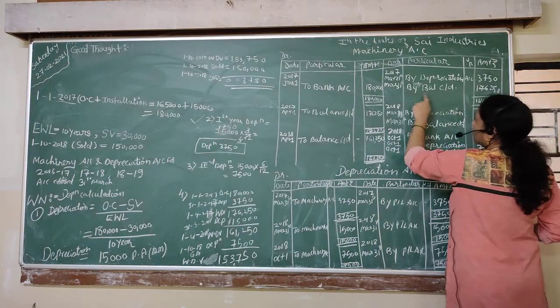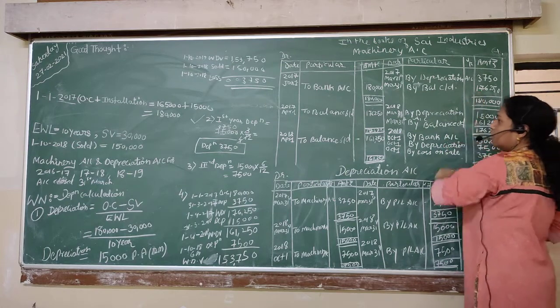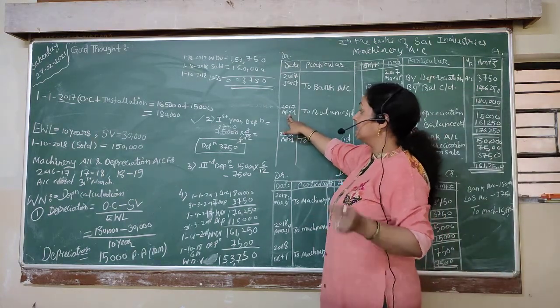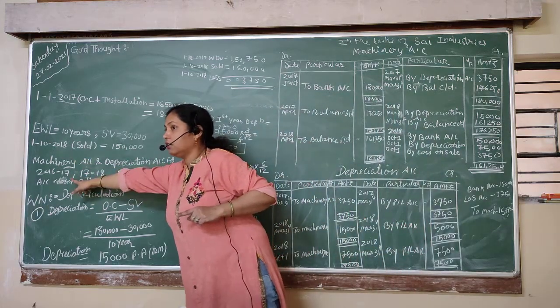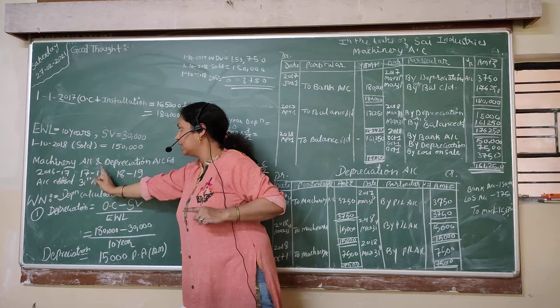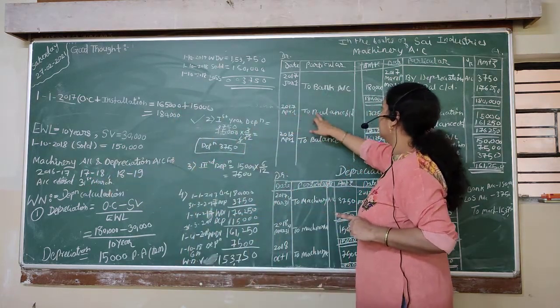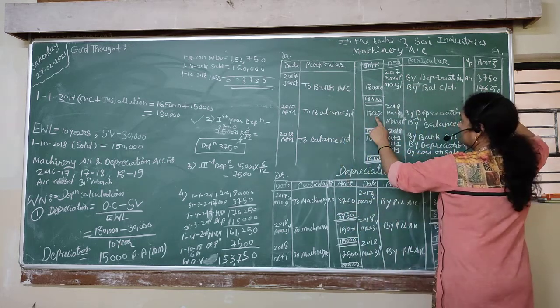So this is the closing balance for the first year, March 31st. And this closing balance will be carried forward to the next year. Our next year is 2017-18. The first year was 16-17, the second year is 17-18. So 2017, April 1st, I will record the opening balance to balance brought down 1,76,250.